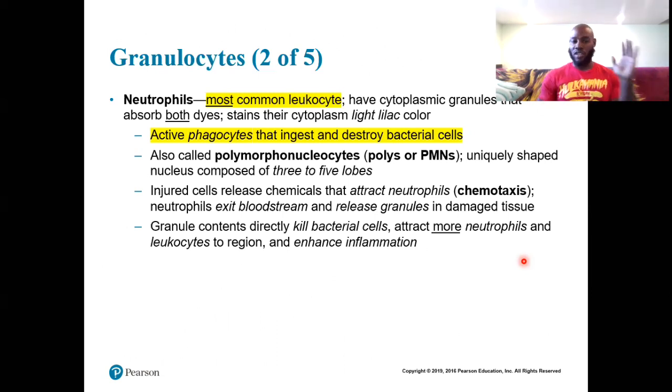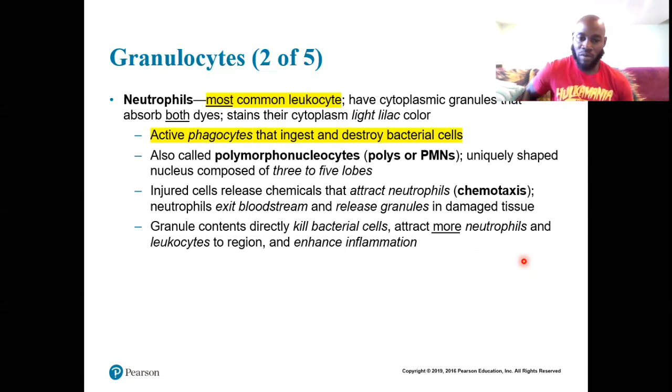So it's a leukocyte, a white blood cell, the most common granulocyte, known as neutrophils. Active phagocytes that ingest and destroy bacterial cells. Phagocyte, ingest other objects, by phagocytosis. So they can ingest and destroy bacterial cells.